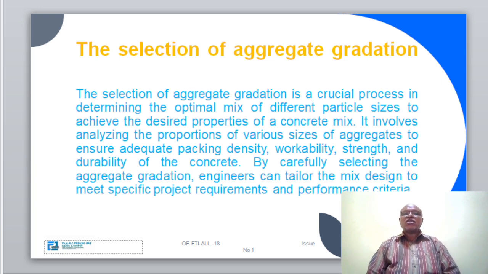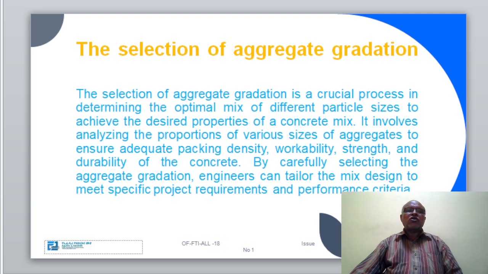The distribution of these sizes should follow a defined gradation curve that meets the specified design requirements for asphalt pavement. In general, the selection of aggregate gradation is a critical step in the asphalt mix design process. By choosing the right mix of aggregate sizes, engineers can optimize the performance and longevity of the pavement, ensuring a smooth and durable surface for motorists. Now let us proceed to the proportioning of aggregate to meet the required gradation.